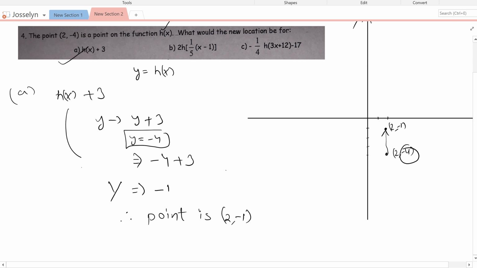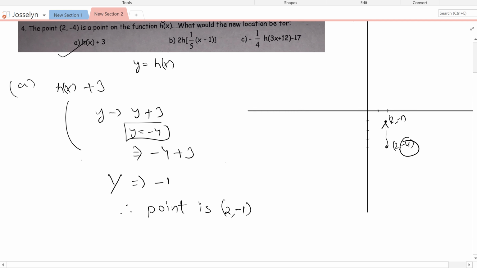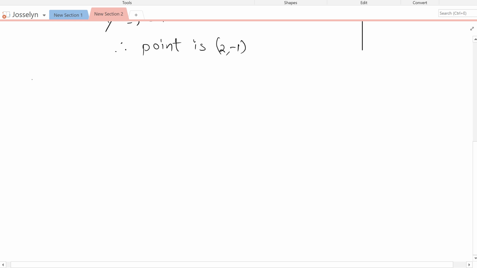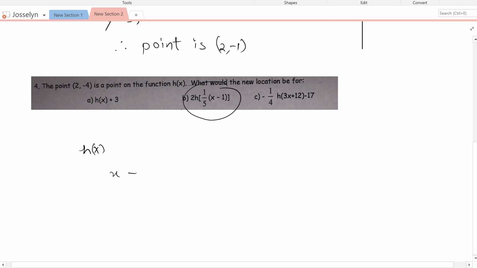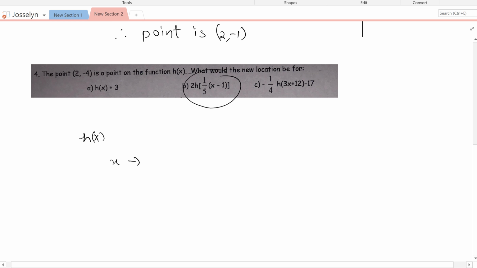Now the b. Let's do b here. Now they're doing a lot of things. We know that's h of x, and if you replace x by 1/5 of x, then h of x is going to become h of 1/5 x, right?